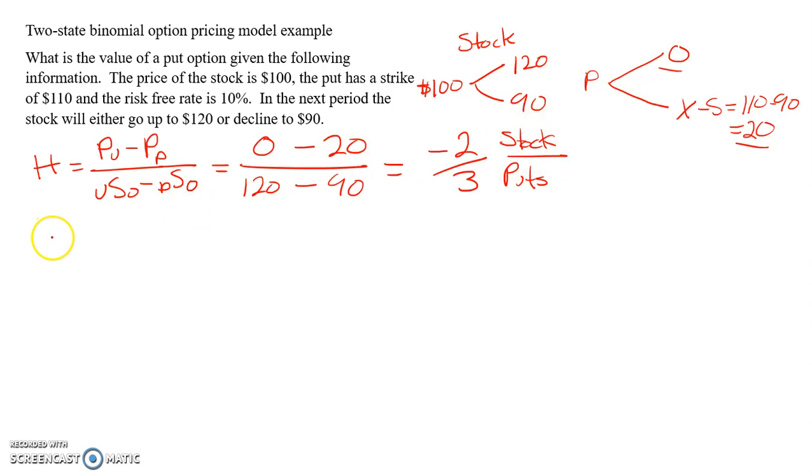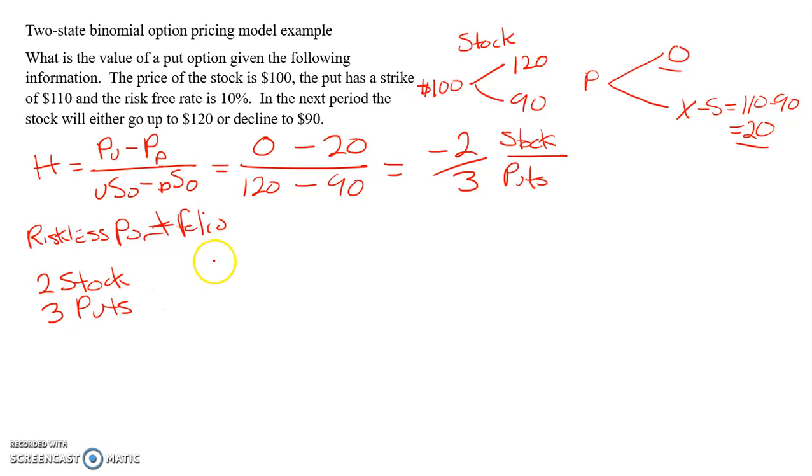Okay, so our riskless portfolio: we've got 2 stocks and 3 puts, and then we look at the stock in the up or the down state. So that's 2 shares of stock, and in the down state it's 2 times 90. That's 180.